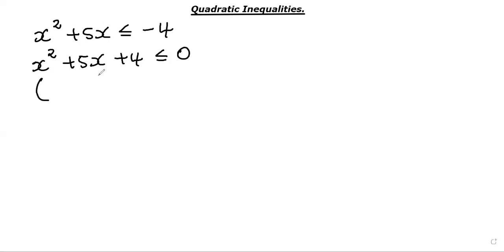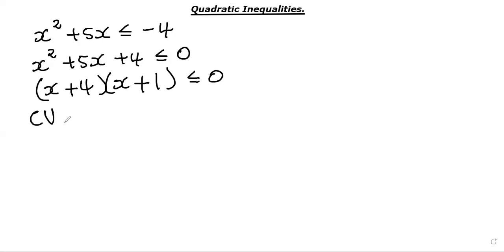Then from this point, we factorize our equation. Factors of x squared is x and x. And then factors of 4 that add up to 5. It has to be 4 and 1. We can't use 2 and 2. Imagine. Now, because the last term is positive, and we know that the bigger number takes the sign of the middle term, this one has to be positive as well.